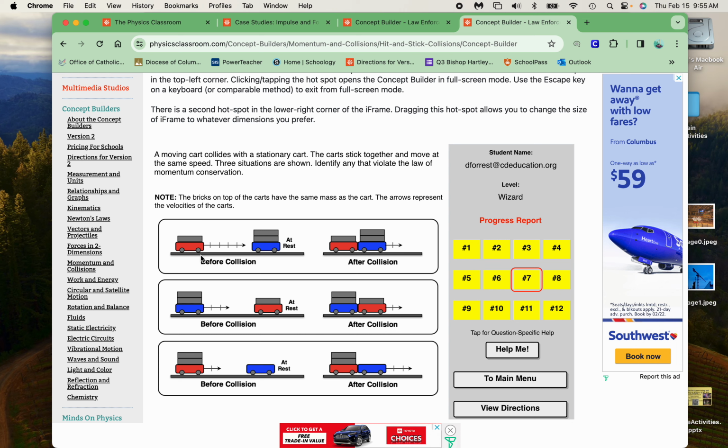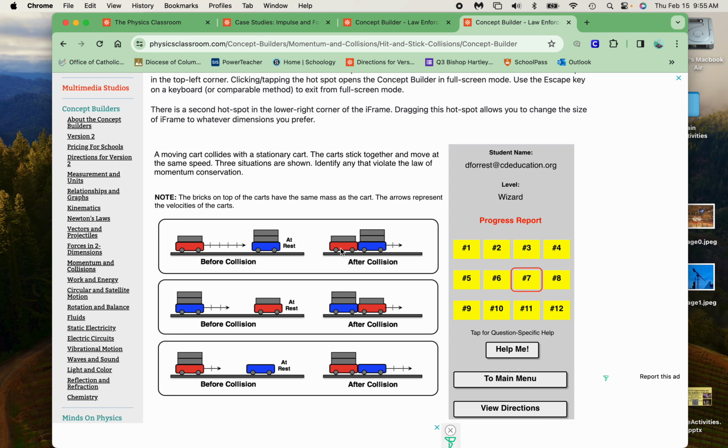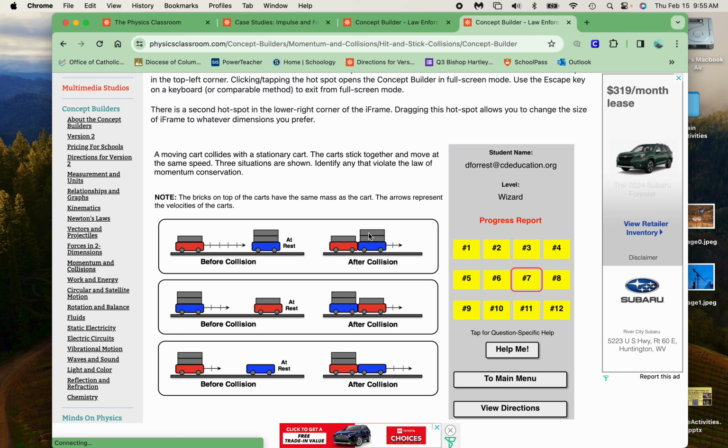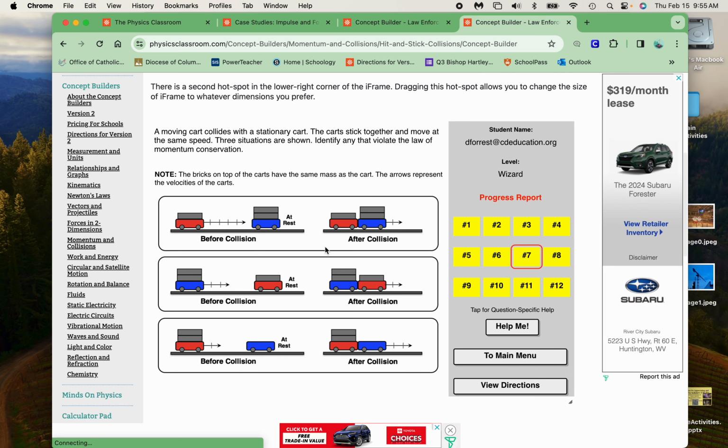So I've got 2 units of mass here, 1, 2, 3, 4, 5 units of mass. So 2 times 5 is 10 units of momentum to the right. This is at rest, so it's got 0 units of momentum. So afterwards, I should have a total of 10 units of momentum to the right. I've got 1, 2, 3, 4, 5 mass units times 2 velocity units. So that is 10 units of momentum to the right, so that's legal.